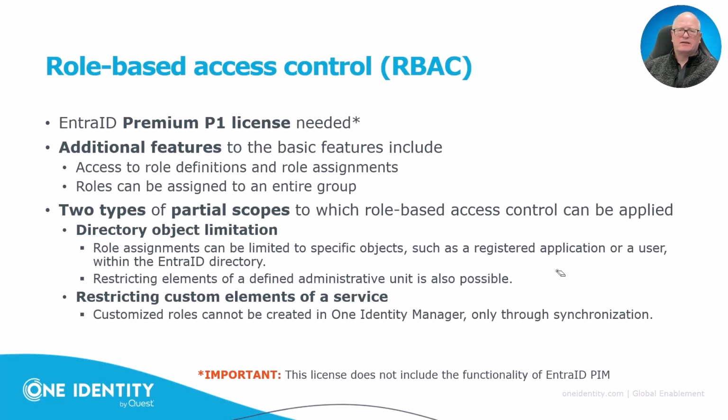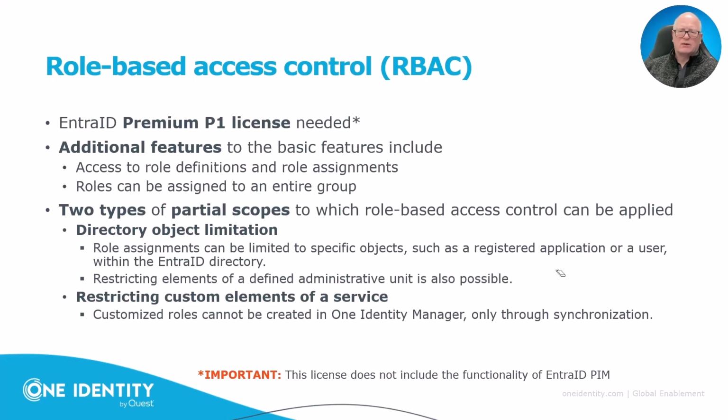There is on the one hand the directory object limitation, and the other is the restricting of custom elements of service. Both exist in Entra ID, and role assignments can be limited to special objects, as you can see for the first option, such as restricted applications, for example, or Entra ID users, Entra ID directories. This is possible there. Restricting elements of defined administrative units is also possible.